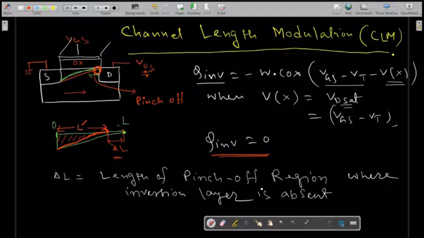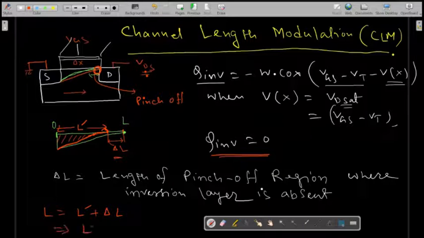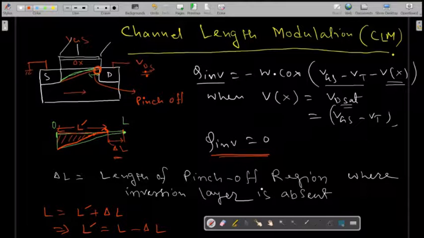So it is no longer L, it is L dash. So L is L dash plus delta L, or L dash equals L minus delta L. Is it clear why it is L dash and why not L?